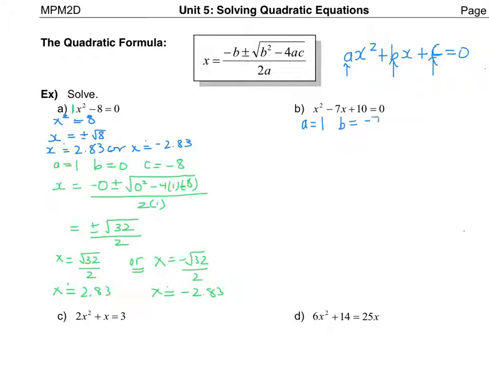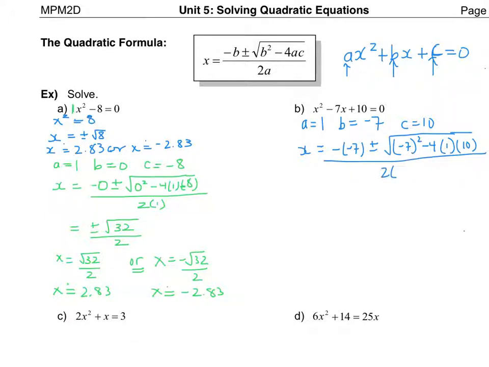All right, so my a is 1, my b is negative 7, and my c is 10. So x equals negative b, so it's going to be negative 7, plus or minus the square root of b, which is negative 7, all squared, minus 4 times the a, which is 1, times the c, which is 10, all divided by 2 times a, which is 1.